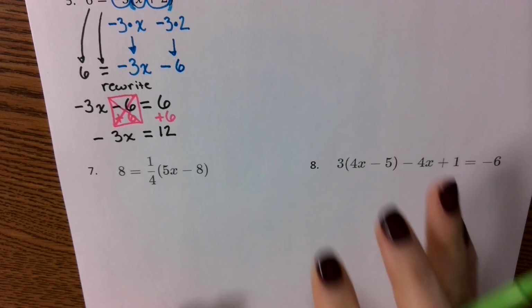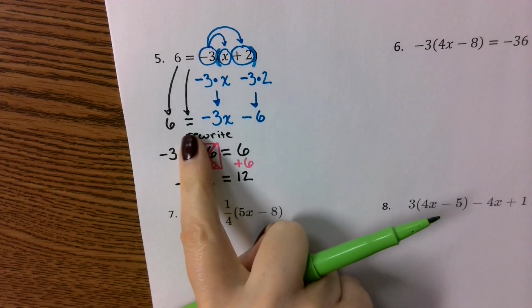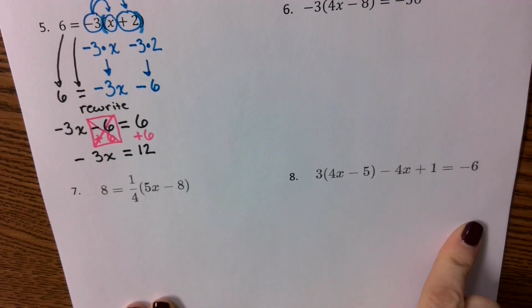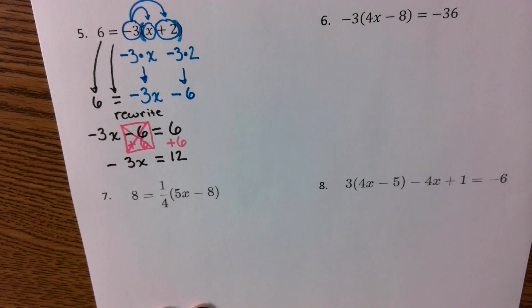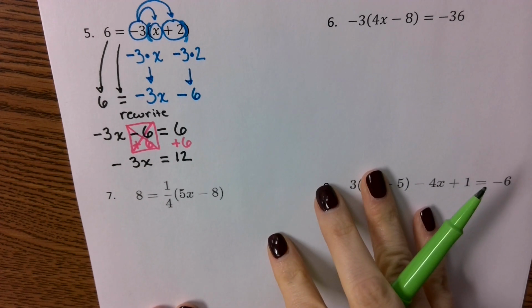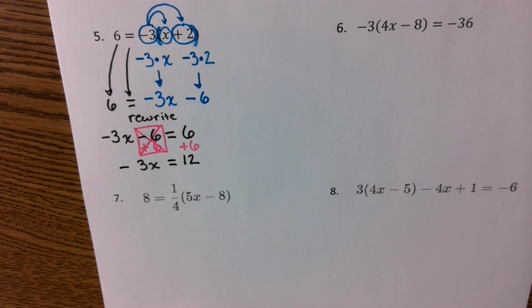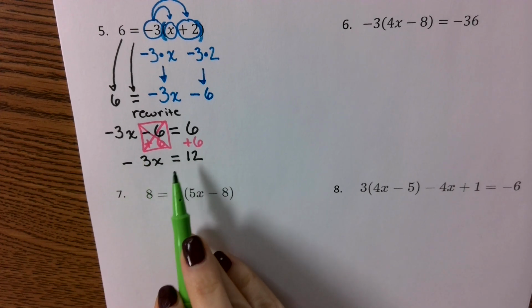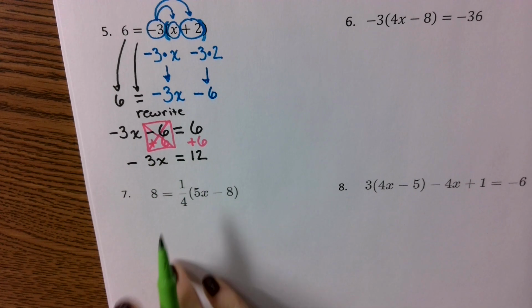It's a lot easier to rewrite something this short than it is to rewrite something really long, right? So simplify before the rewrite. Rewrite is a part of the solving the equations process. Okay, once we're here, we're at negative 3x is equal to 12. And that's a very good question, by the way.